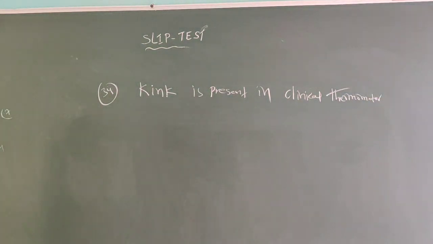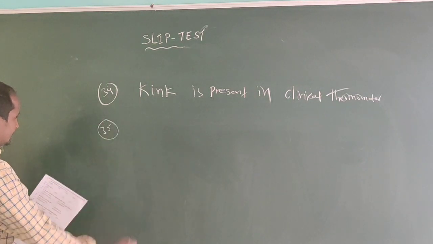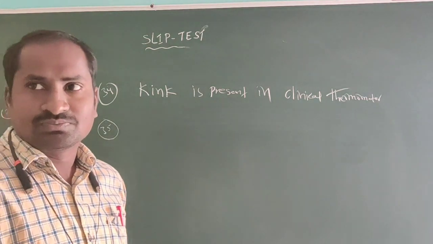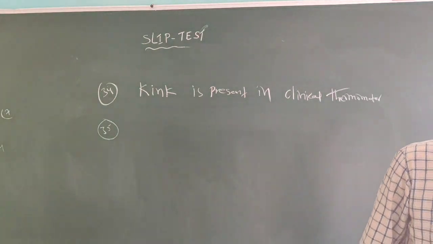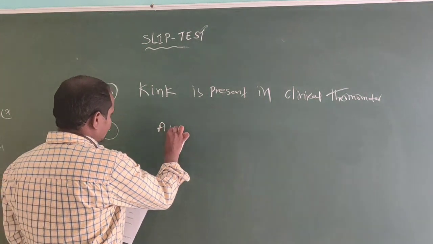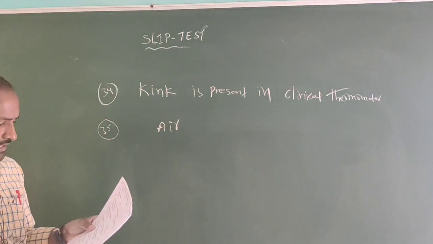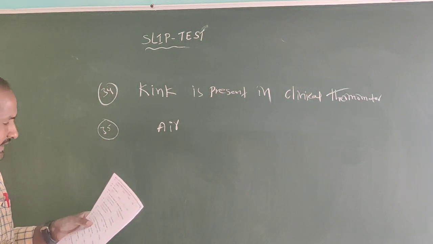In the first thermometer, air is used as the thermometric substance. Next one, the following converts electrical energy into heat. Electric heater.